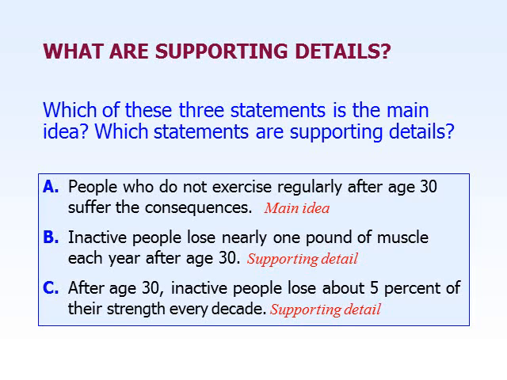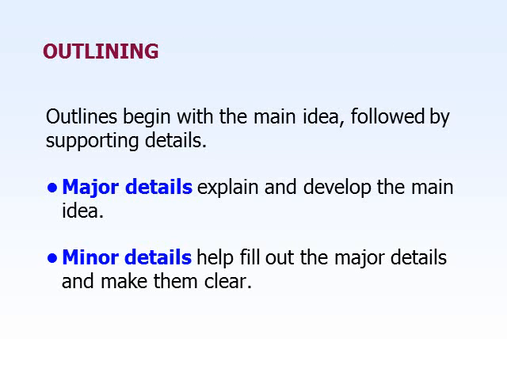And we said that if we see repeated words, that's going to be part of the topic. So because after age 30 is in all of them, we're not going to use that as a clue for finding the supporting details. However, in B, we can see this 1 pound of muscle. There's a number, specific. Lose 5% of strength. There's a number, that's specific, okay? So the supporting details are going to be the things that are specific.